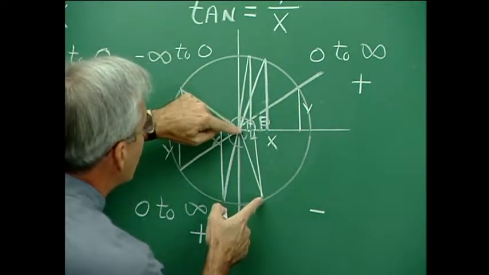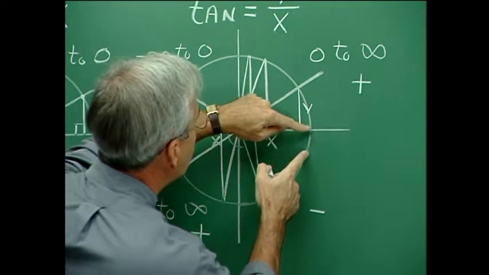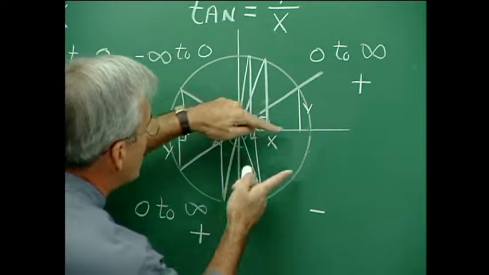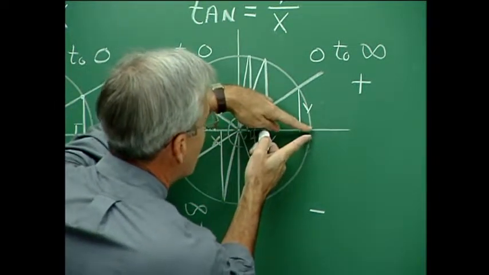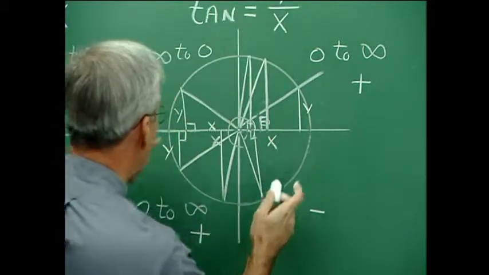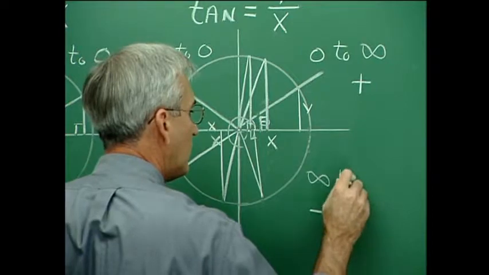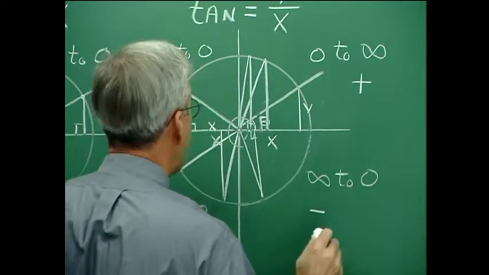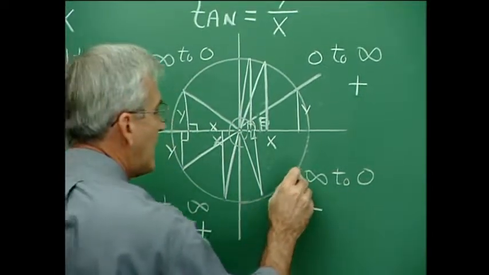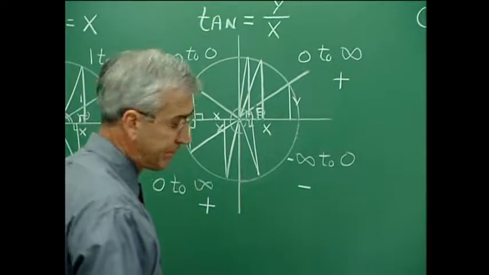Now notice that it's y over x. The x is approaching 1, and our vertical distance is approaching 0. So that's the numerator up here. So we're going from negative infinity to 0.